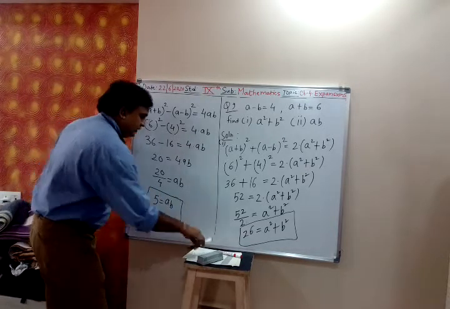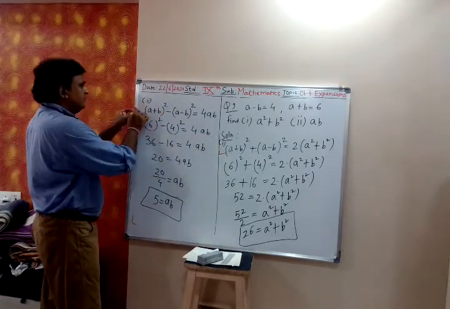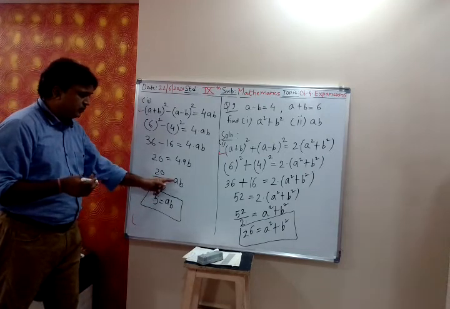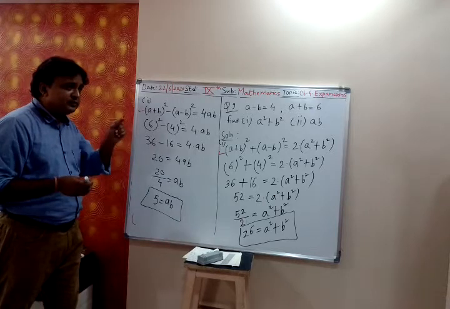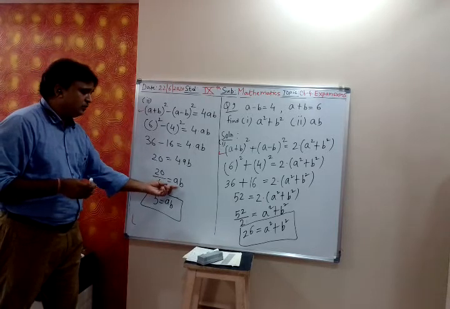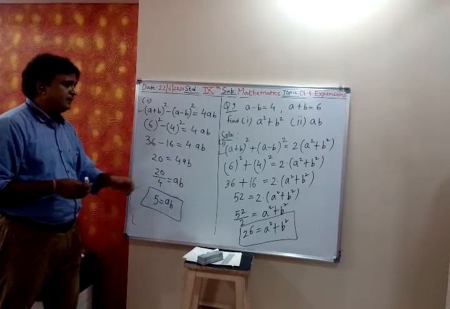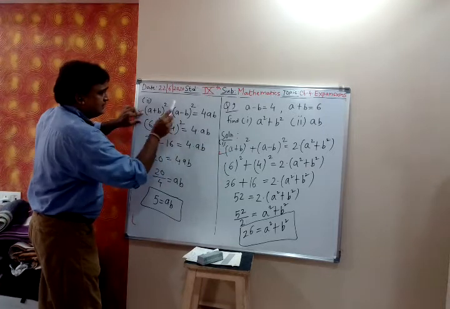It is plus 5 only, because there is no square root. We are not taking square root. When we take square root, then it comes plus minus 5, but there is no square root. Directly simplification is there. So this formula and this formula you have to remember. See the difference.